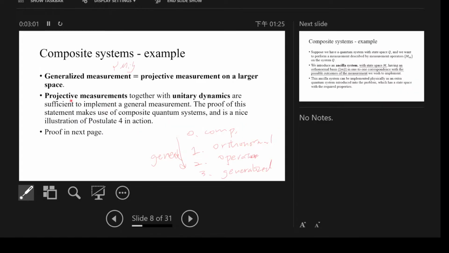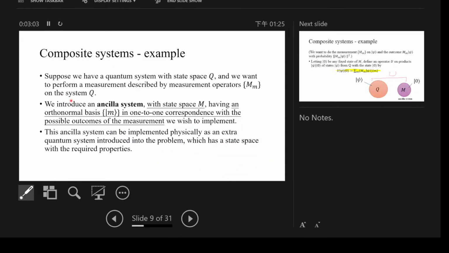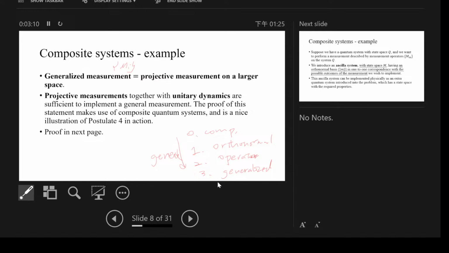And we went through an example, not in detail, where with the composite system you can prove that a generalized measurement can be done by just doing a computational basis measurement preceded by a unitary evolution.